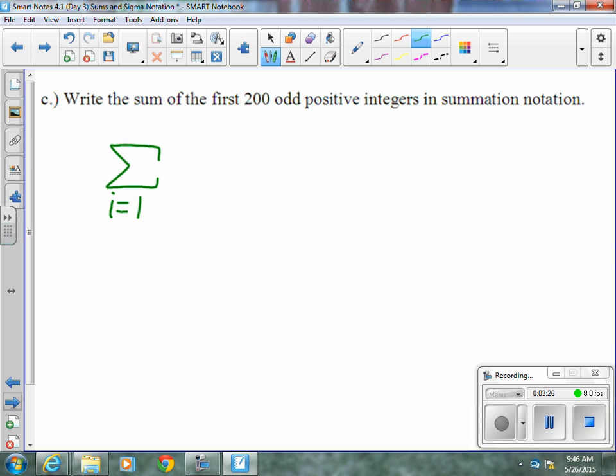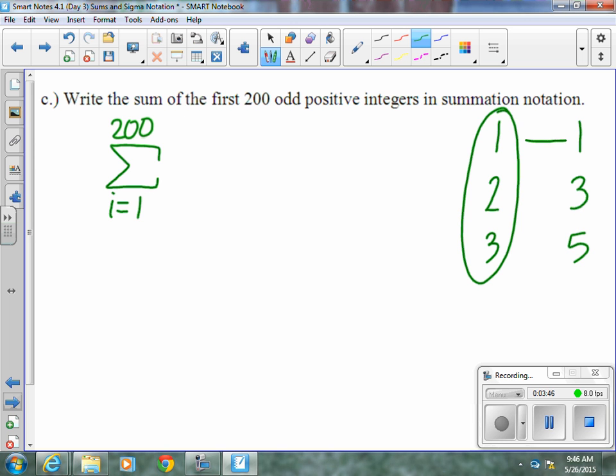So, first 200 odd positive integers would mean it's actually 200 different numbers, but we're not talking 1 to 200. We're talking 1 is actually 1, 2 is actually 3, 3 is actually 5. Our summation notation is going to be plugging in this column, but it needs to plug in this column.